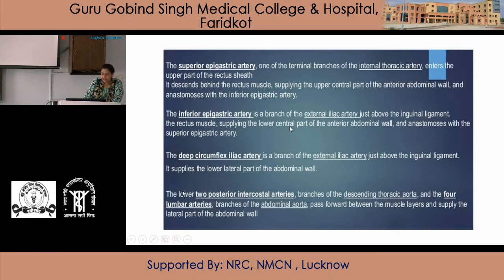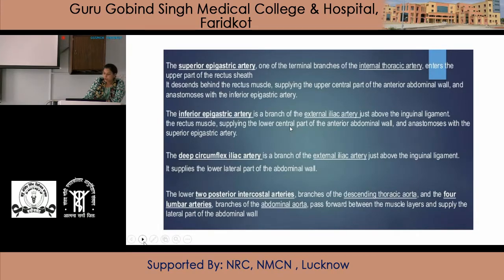It supplies the lower lateral part of the abdominal wall. The lower two posterior intercostal arteries are branches of the descending thoracic aorta, and the four lumbar arteries are branches of the abdominal aorta. They pass forward between the muscular layers and supply the lateral part of the abdominal wall.